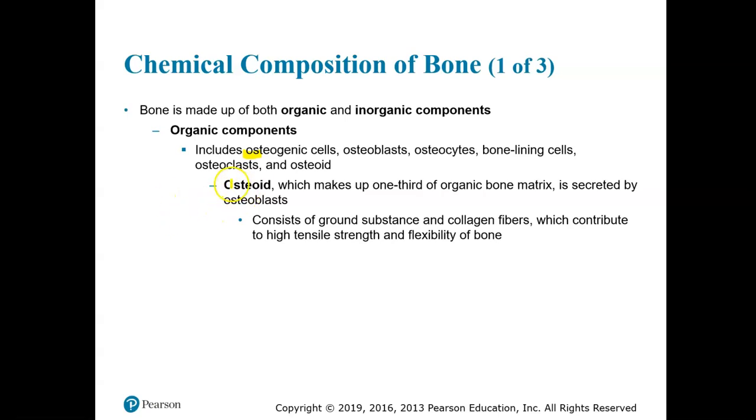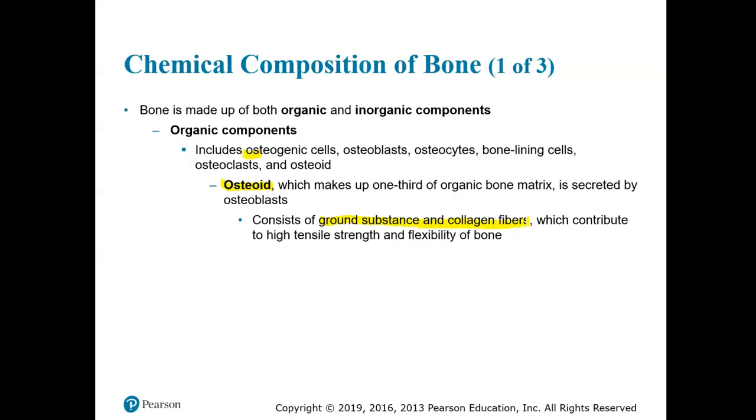And then osteoid, which makes up 1/3 of organic bone matrix, and it consists of ground substance and collagen fibers. So the osteoid is what we call the bone matrix, and it consists of ground substance and collagen fibers.